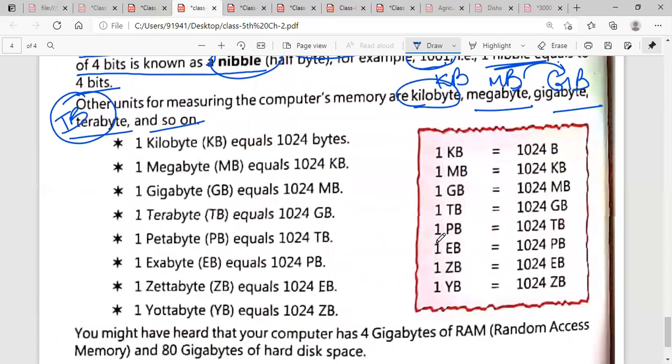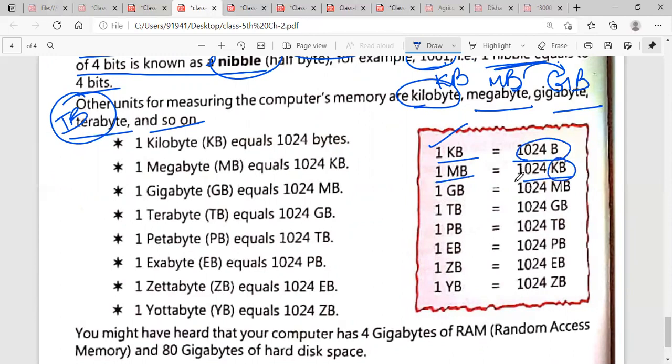Now look at the chart here. 1 KB has 1024 bytes, 1 MB has 1024 KB, 1 GB has 1024 MB, 1 TB has 1024 GB. 1 PB has 1024 TB. You only have to remember up to TB, because nowadays we are using memory only up to 1 TB, not beyond that.